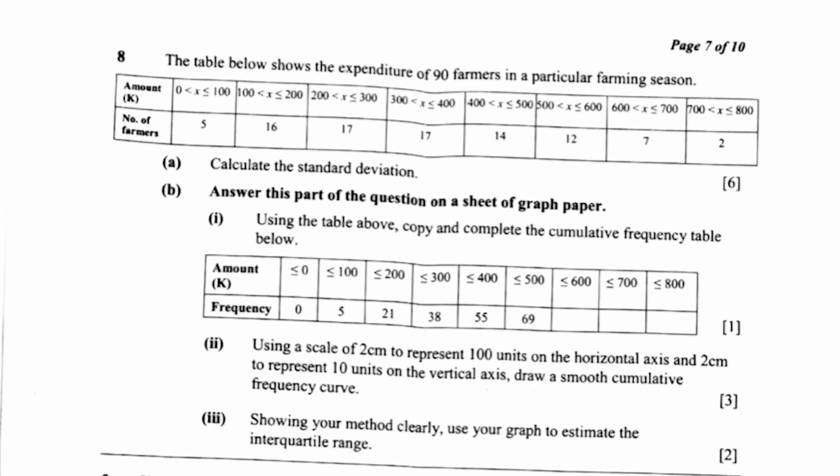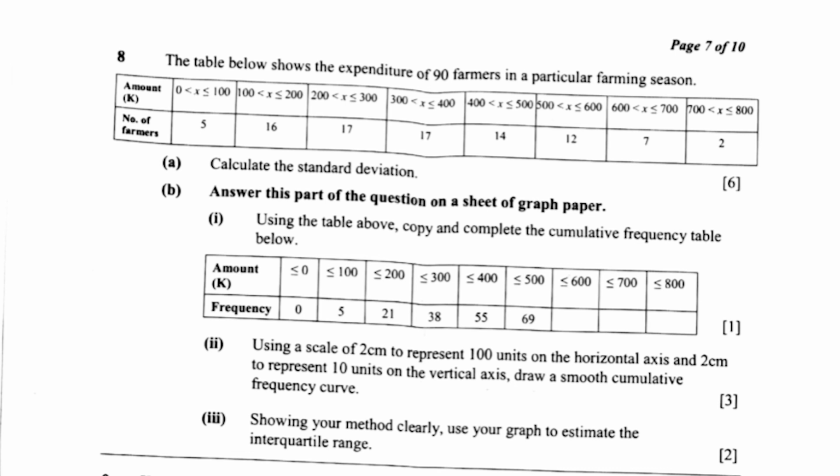When you look at the question, it says the table below shows the expenditure of 90 farmers in a particular farming season. And then we've been given the table below, and part A states, find the standard deviation.